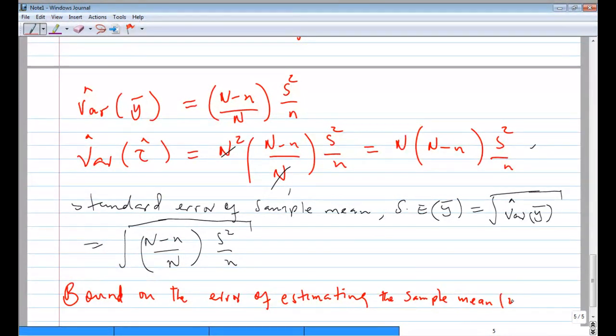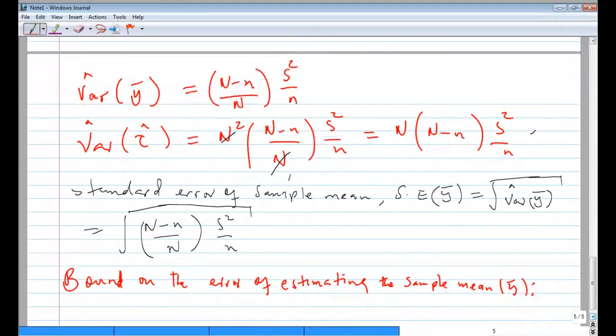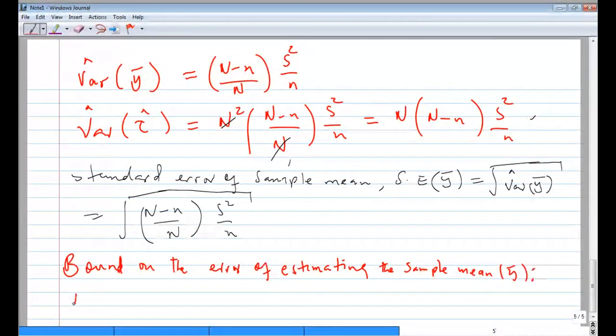In other words, by simple mean we are referring to this one, or the bound on the error of estimation for the sample population mean. It's given by B, which is equal to 2 times the square root of the estimated var of y bar.